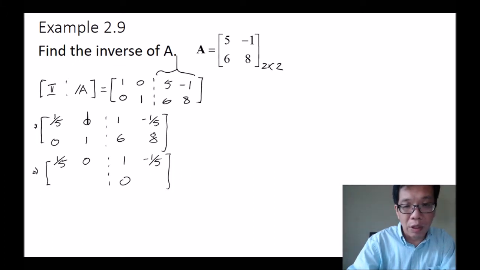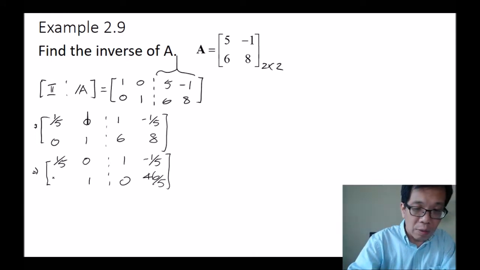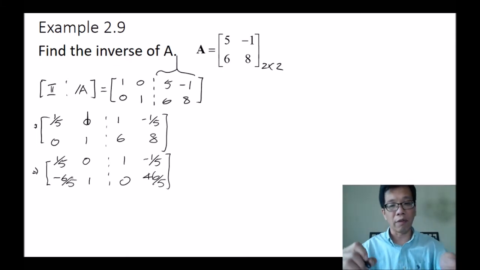And once you use this 1 minus 6 multiplied by this row, you're going to get this number equal to 46 divided by 5. Then we carry on the other operation over here. We still have 1 over here. This part over here is going to be negative 6 over 5.